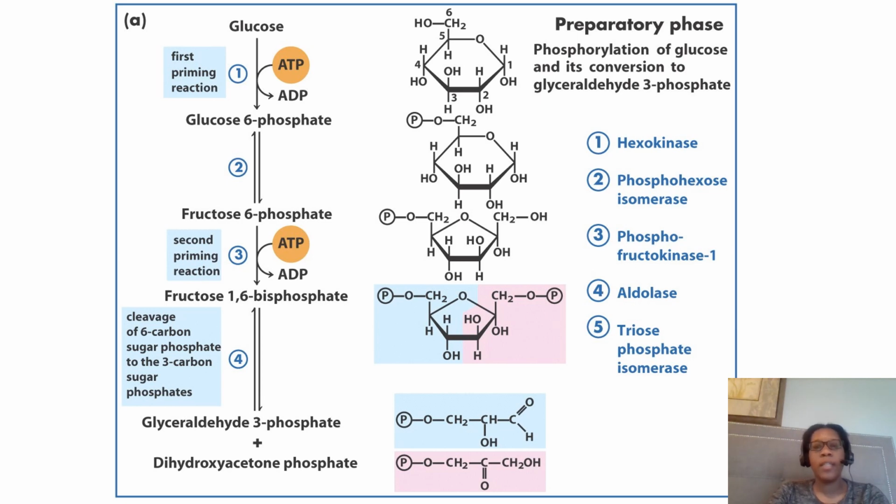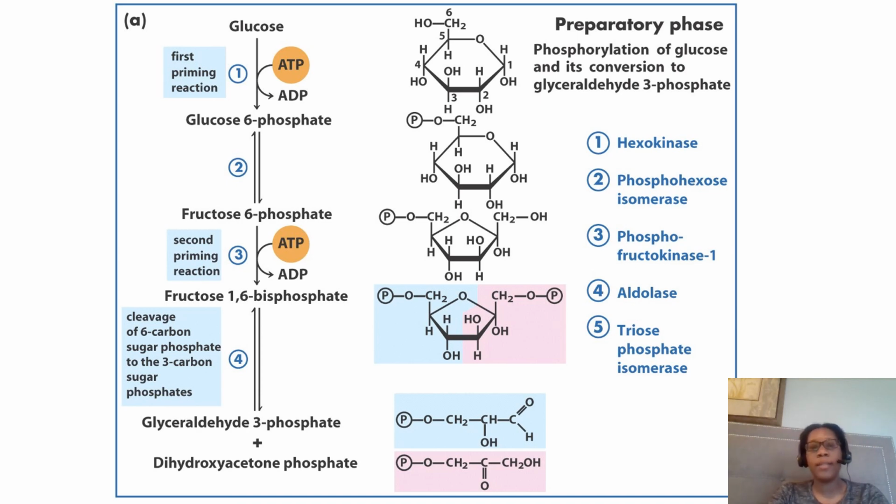Our next enzyme is aldolase. Now, aldolase is responsible for cutting our F16BP in half and creating two 3-carbon molecules. I like to call them GAP, glyceraldehyde 3-phosphate, and DHAP, dihydroxyacetone phosphate. Our next enzyme is triose phosphate isomerase.